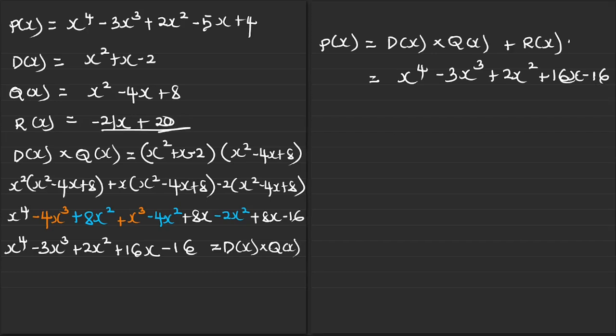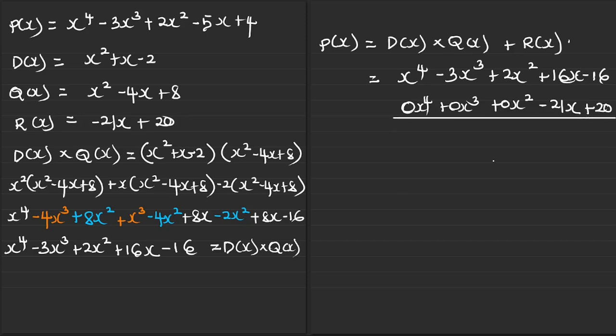So for the r of x, all it has is negative 21x. So I'm going to put that negative 21x right here. And then plus 20. It has a 0x squared. And it also has a 0x cubed. And it also has a 0x to the power 4. So this is what we have.